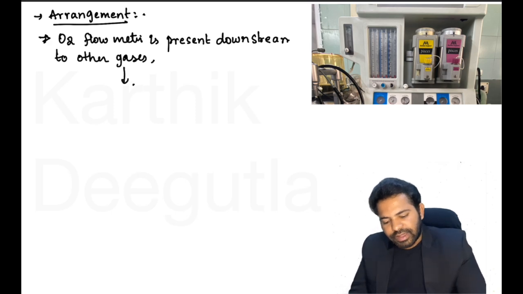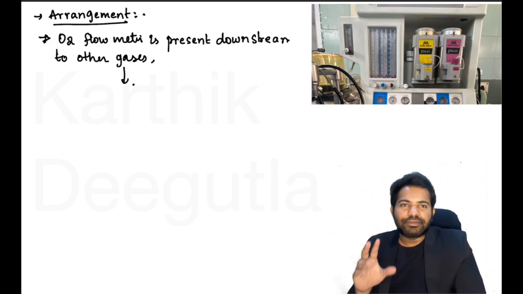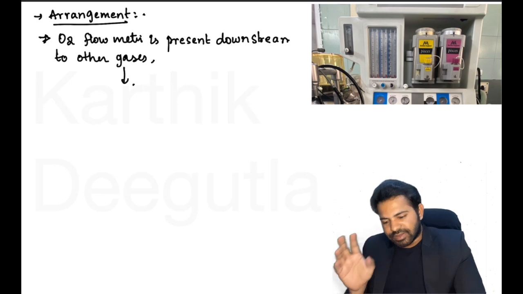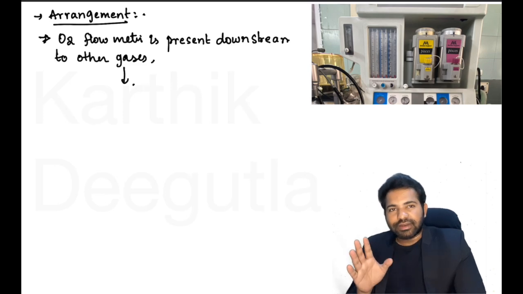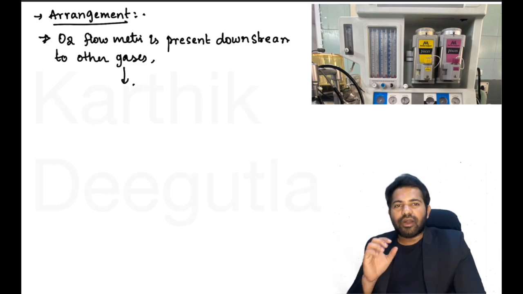Why is this necessary? This arrangement will prevent any hypoxic mixture in case of any damage or leak. If there is a damage or leak in the flow meters, then we have to make sure that oxygen is delivered for sure and not the nitrous oxide or air. We want 100% oxygen to be delivered in case of any damage or leak.